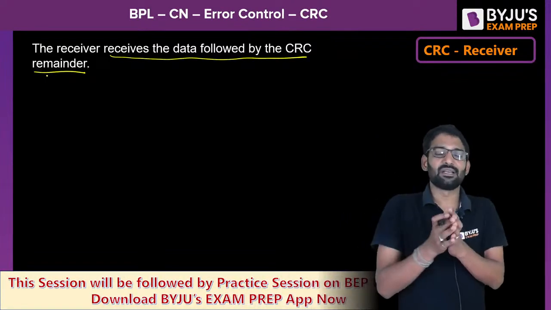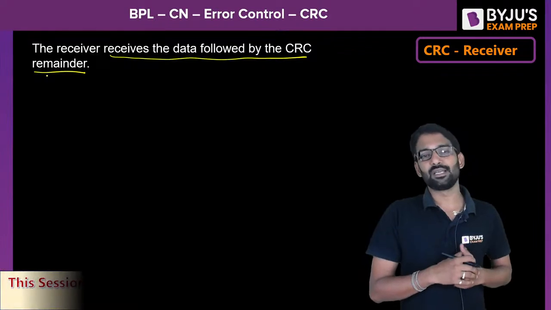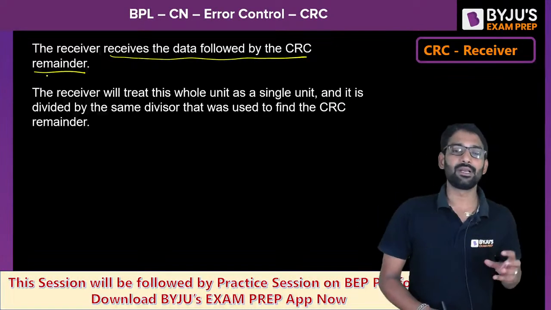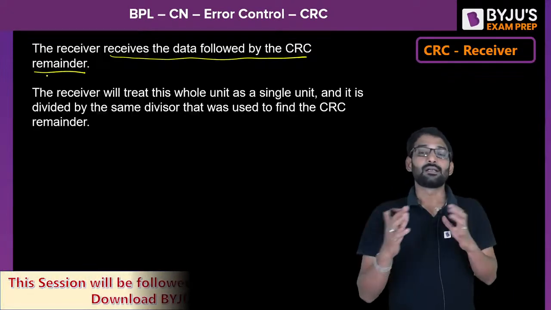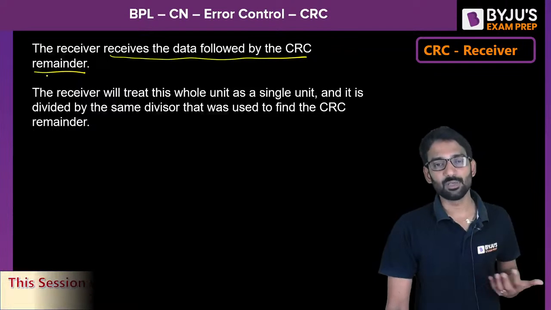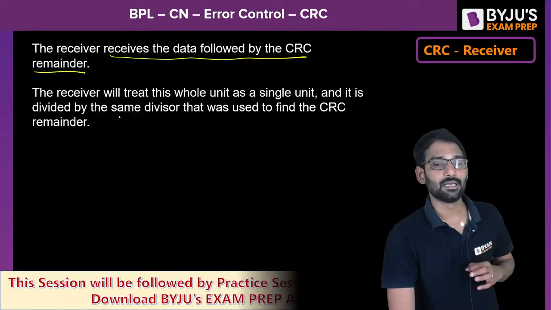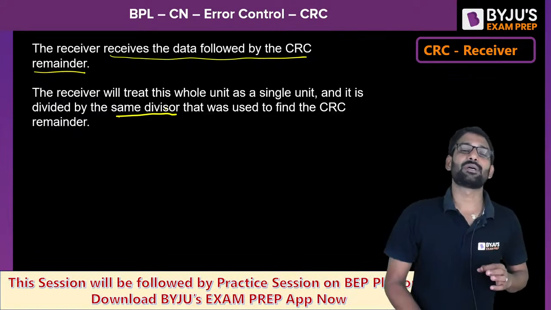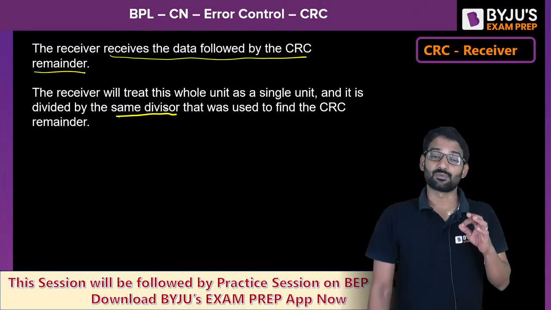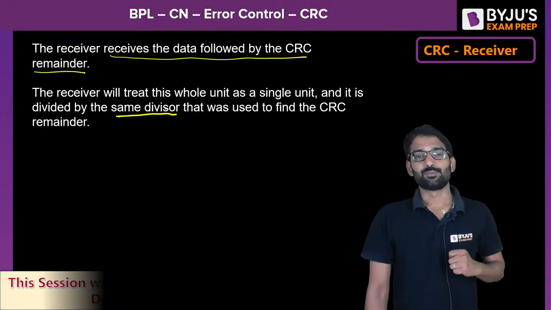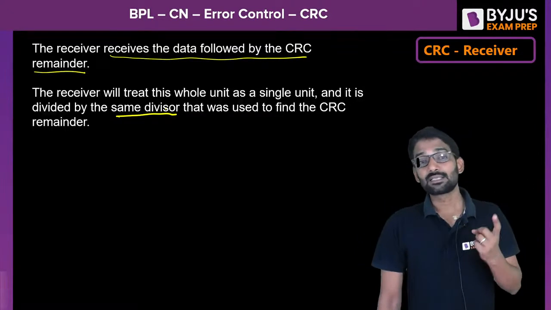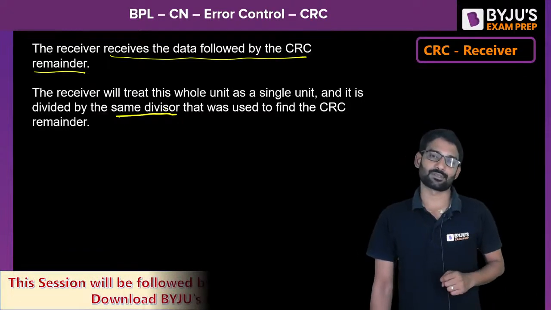That means the remainder is included in that. Now the receiver will treat this as the dividend and apply the same division process, but the rule is that the receiver is supposed to use the same divisor. This is a very important point. Whatever divisor the sender used, the same divisor the receiver uses.